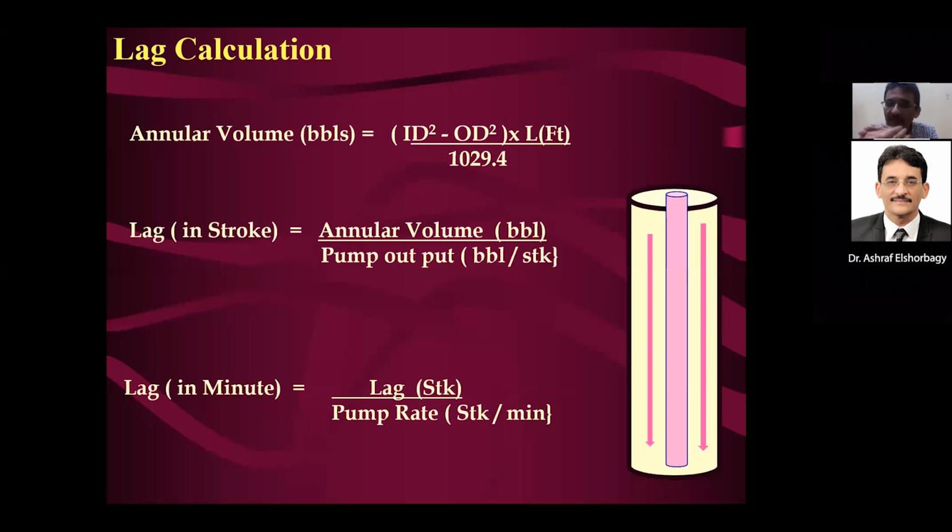Say 100. The lag stroke divided by the pump rate, which is strokes per minute, gives me what is called lag time. And from here, I know the time we need to move the cutting from the bottom to the surface is 1 hour.